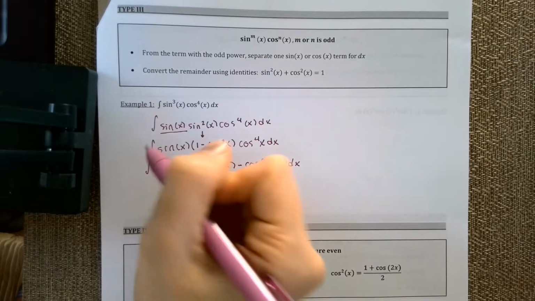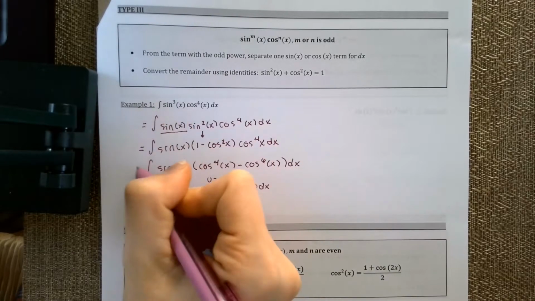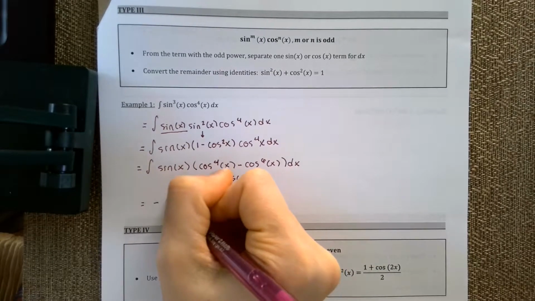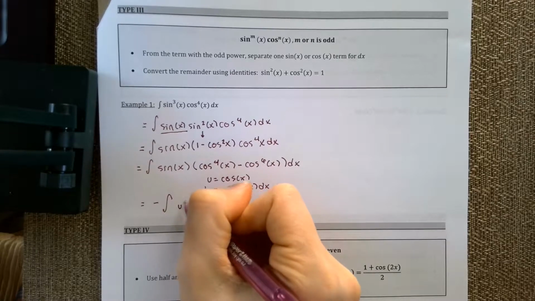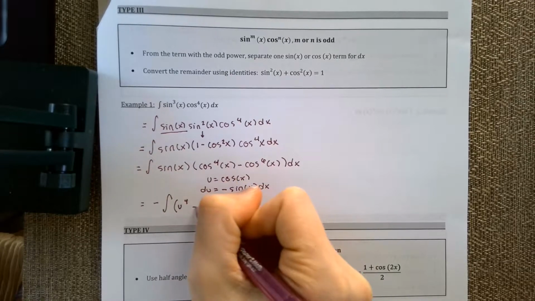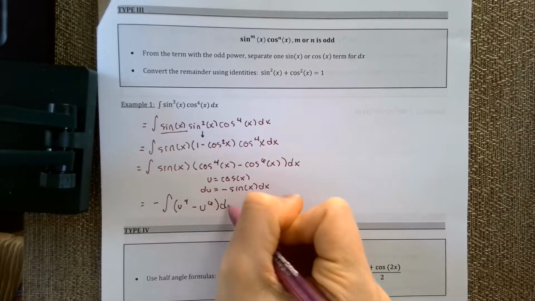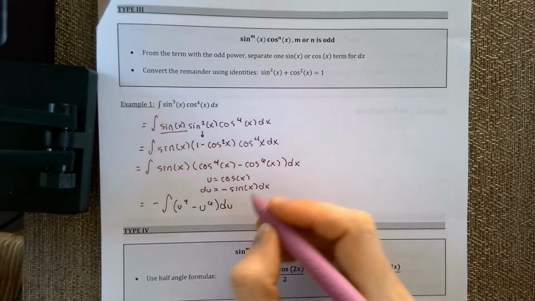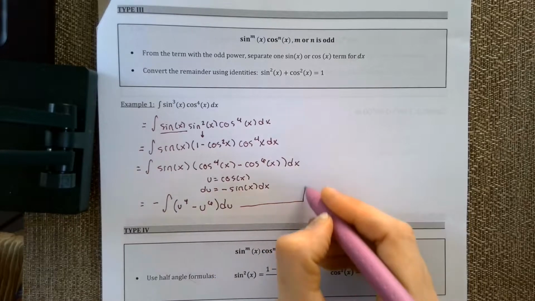So my integral, I should be using equal signs. I've got to use better notation in these notes. My integral will be equal to the integral of negative u to the 4th, I should use parentheses, minus u to the 6th du, which looks a lot easier to evaluate with just the power rule. Let me come over here to the side.